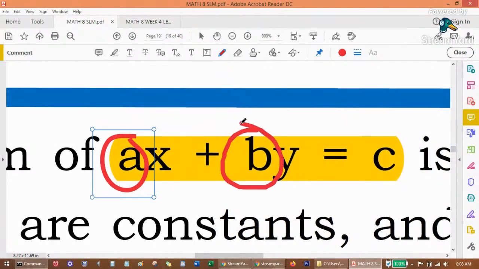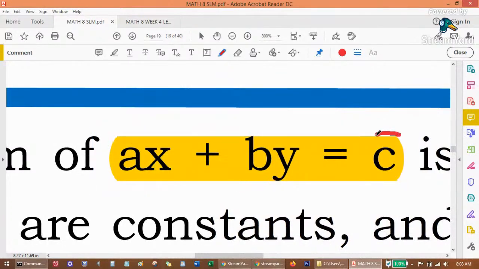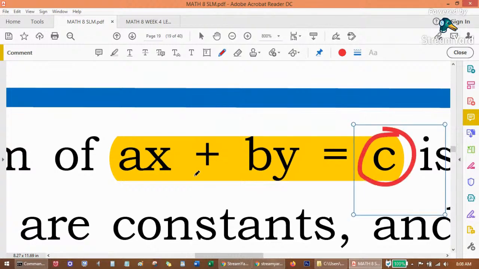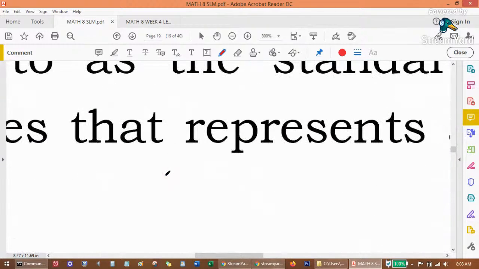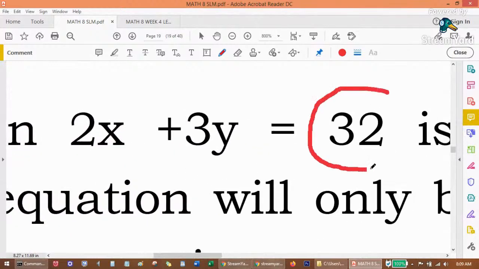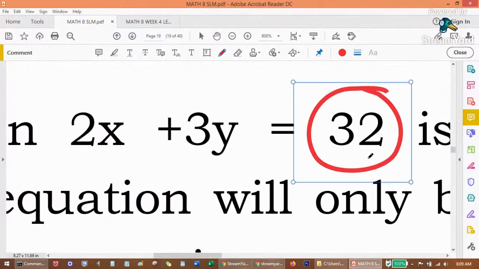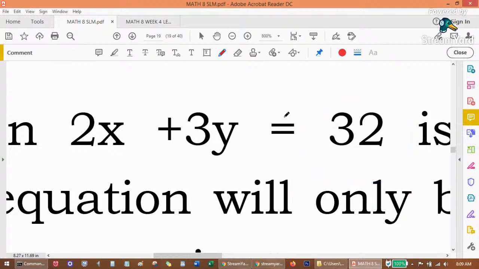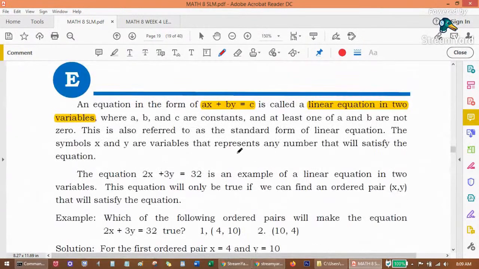A and B. Then meron tayong C dito, the constant number na walang katabing variable. This is the constant, C. A term na walang katabing variable. Wala siyang katabing variable, number lang siya. Okay?